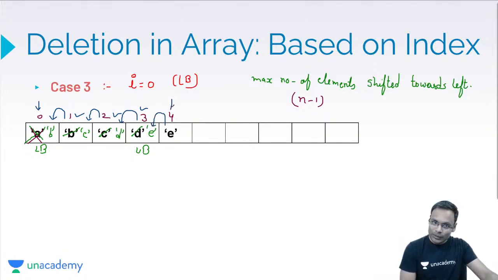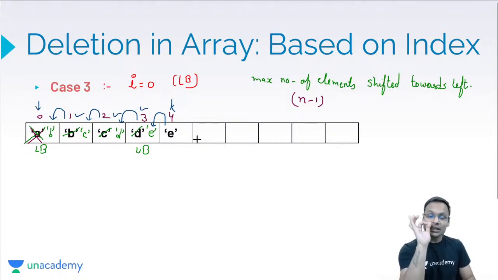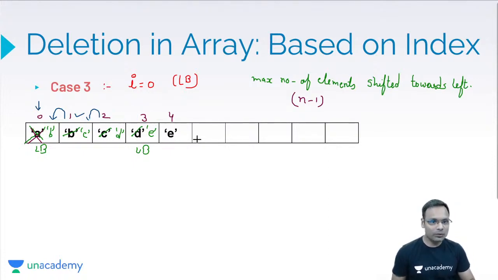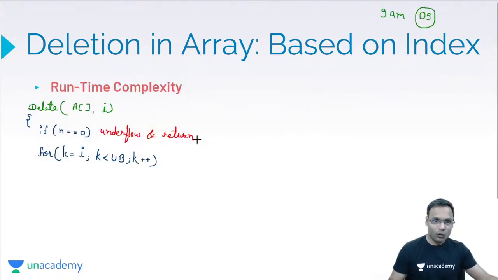Should k be equal to upper bound? Not needed. Why? There is no next element. So I will run the loop till k less than upper bound. I am removing all these unnecessary things. So k equals I, k less than upper bound.